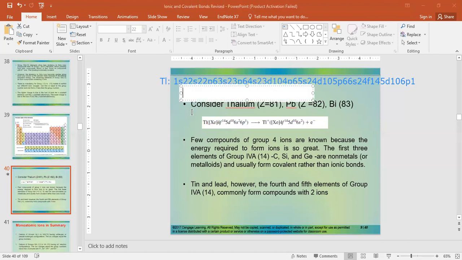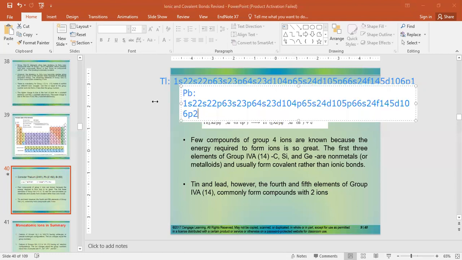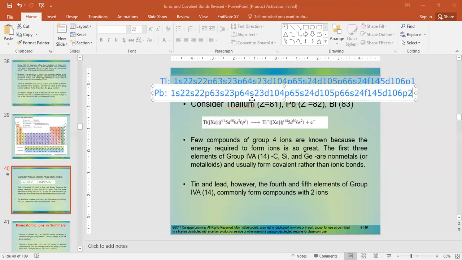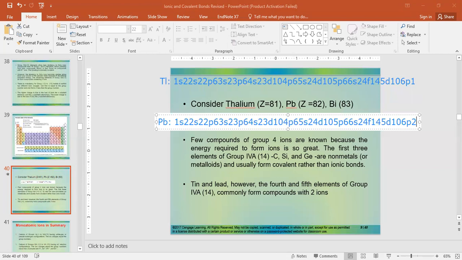Let me put it here and also hope that it is going to fit. I may have to bring it down a little bit. And then the other one is bismuth.